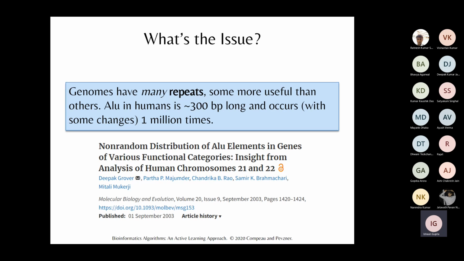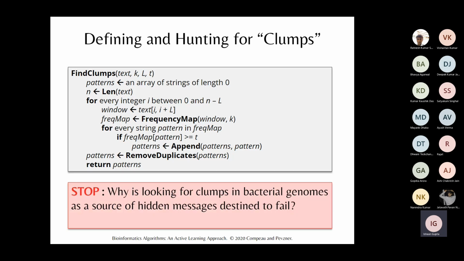All right. So if you actually apply this hunting for clumps function, then this implementation fails, because bacterial genomes or most genomes tend to have a lot of clumps of such frequent k-mers, right?